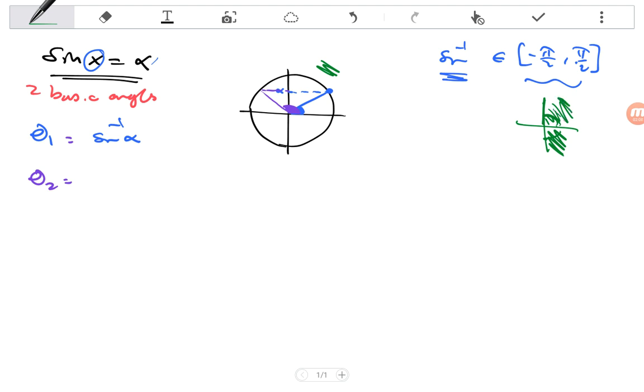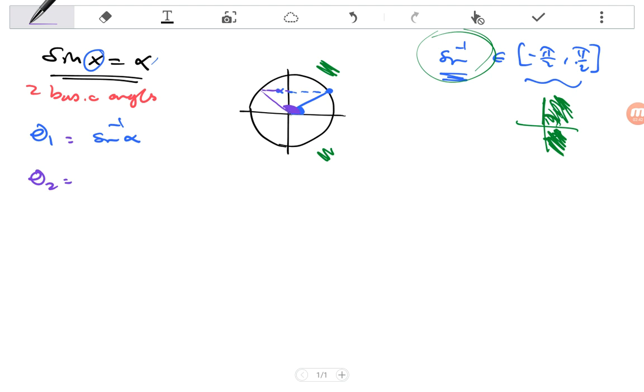So any angle that is described as a sine inverse must belong to either the first or the fourth quadrant. Since this blue angle has a sine equal to alpha, and at the same time it belongs to the first or the fourth quadrant, then it is just the sine inverse of alpha.